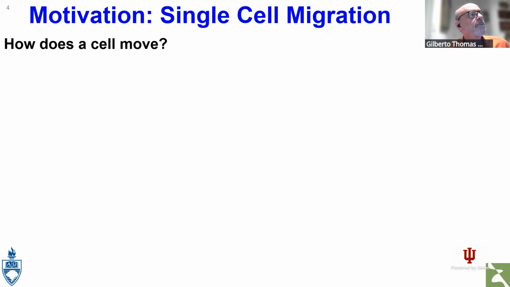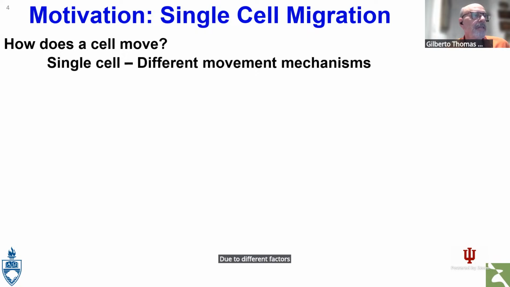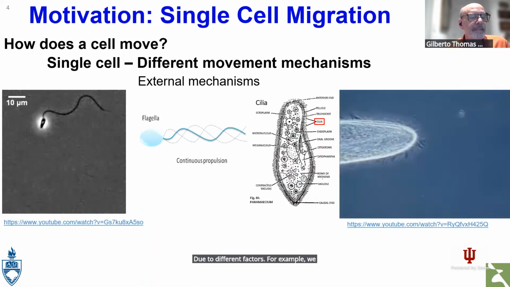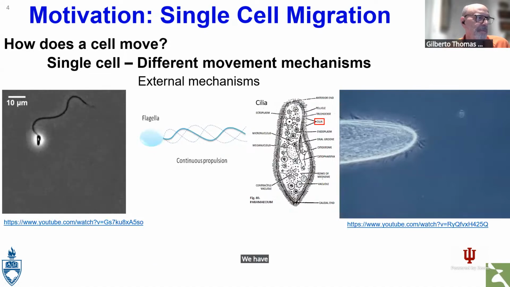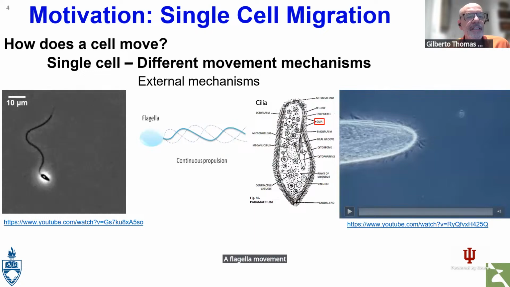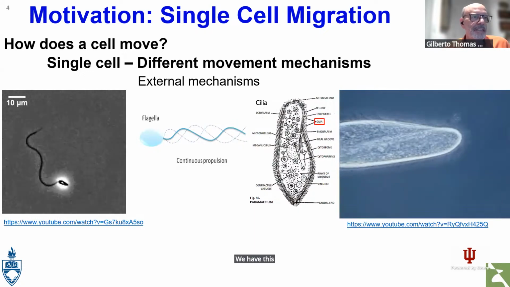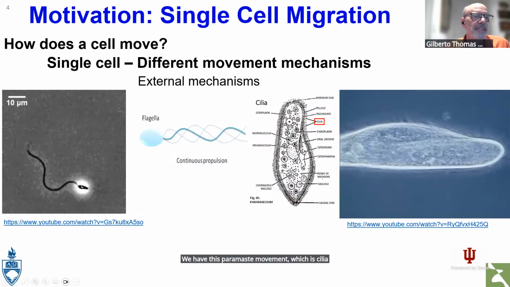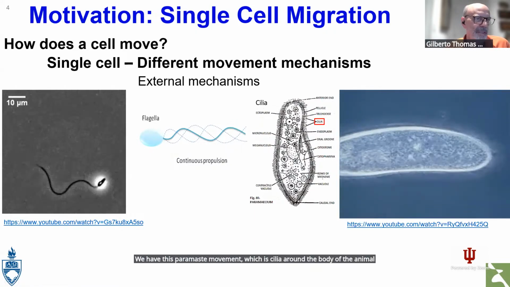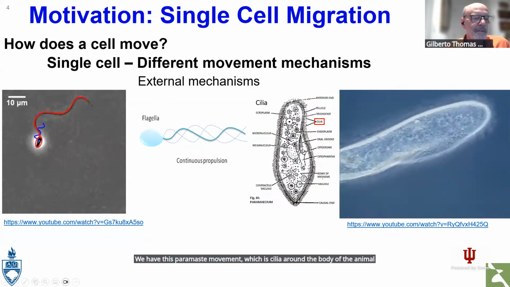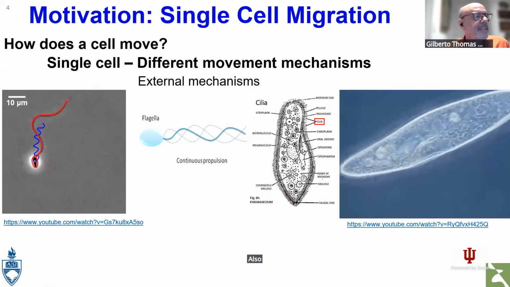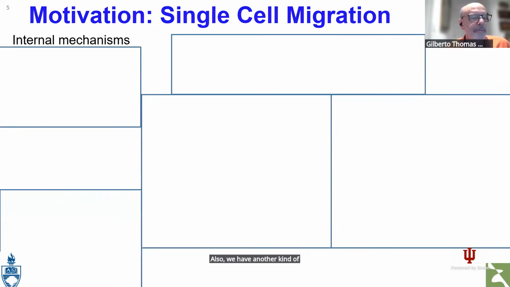The movement of cells can be due to different factors. For example, we have external mechanisms that make the cell move, like the spermatozoa's flagellum movement, or the paramecium movement, which uses cilia around the body of the animal. And we also have another kind of movement, internal mechanisms.